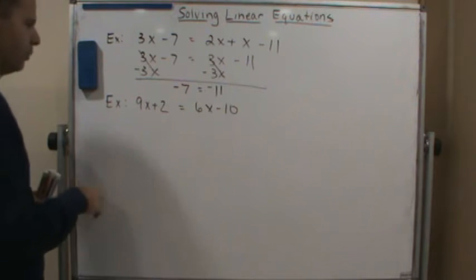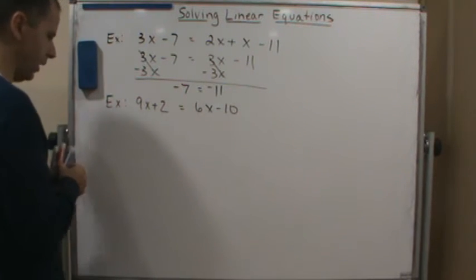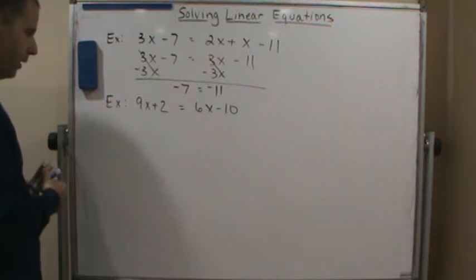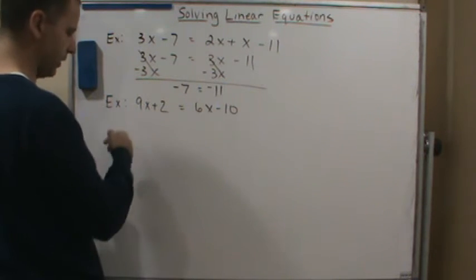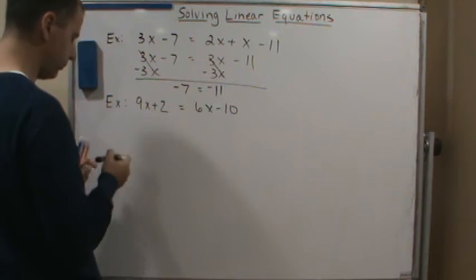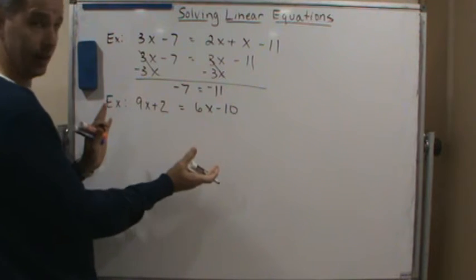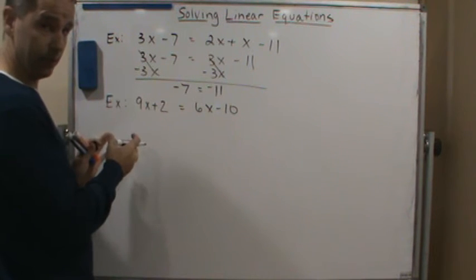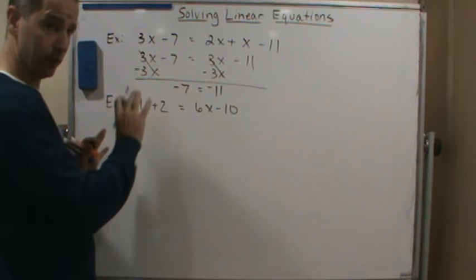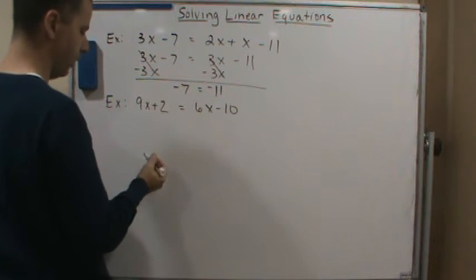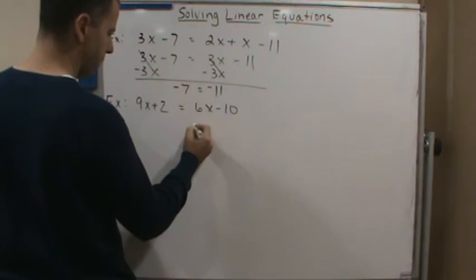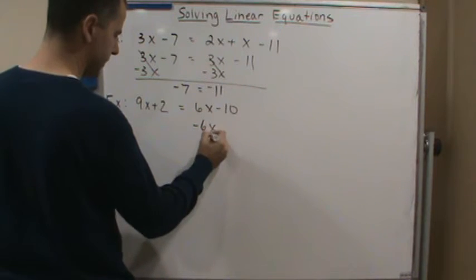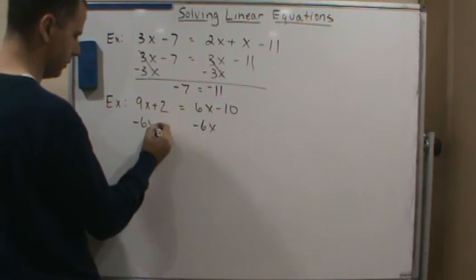So let's do this one, and I'm gonna solve it two different ways. So first, let's move all the x's to the left. Okay? Because again, we've got to bring all the variable terms to one side, all the constant terms to the other side. Okay, so let's subtract 6x from both sides.